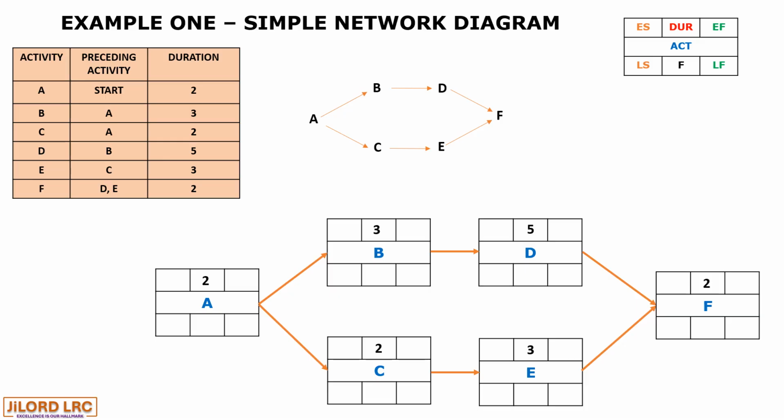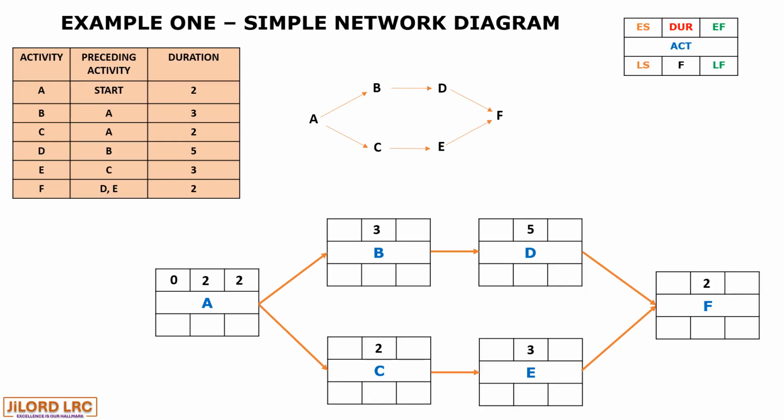So for activity A, the early start is 0. To get the early finish of activity A, we add the early start to the duration, and that will give us 2. This 2, as the early finish, becomes the early start value for the succeeding activities.